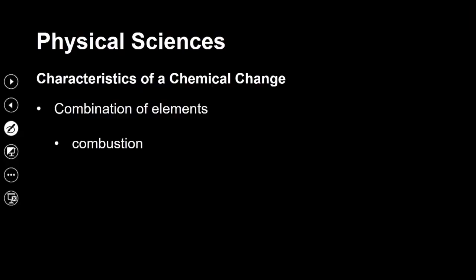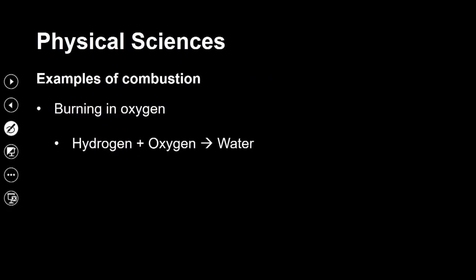All right. An example of a chemical change that we may be familiar with is combustion, which has to do with the burning of a substance in excess oxygen, in a lot of oxygen. So if you take, for argument's sake, a substance like hydrogen burning in oxygen, there is a lot of oxygen and a certain amount of hydrogen to form a product.